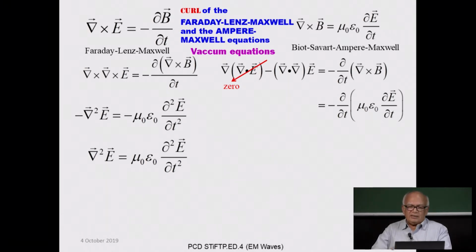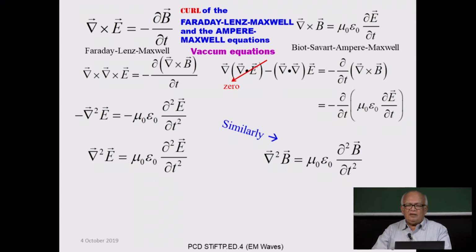And you can get, doing exactly the same type of trick on the Ampere-Maxwell equation, an identical equation for the magnetic field B. So, you have got these two wave equations, and this is really incredible, because whenever you talk about wave, you know that wave carries energy.